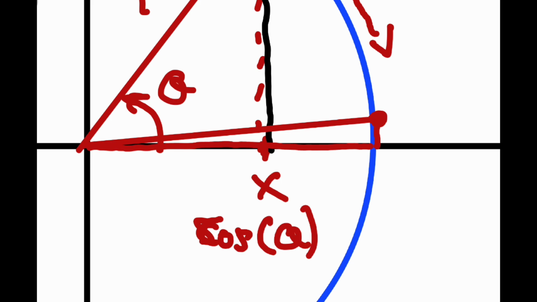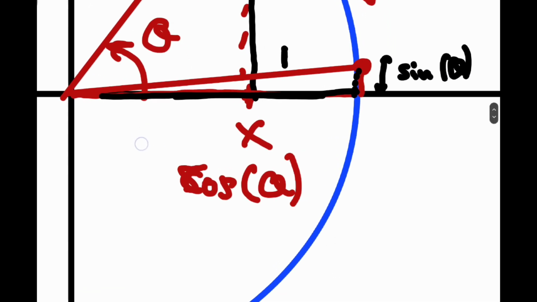So let's say that this line is the radius, which has a length equal to 1. This line represents cosine theta, and this line represents sine theta, the height.